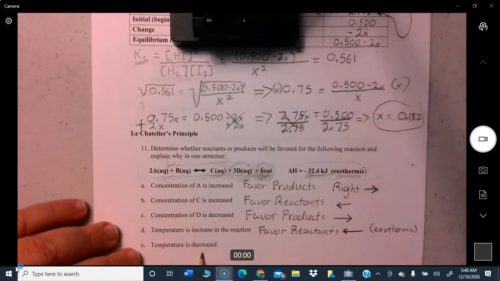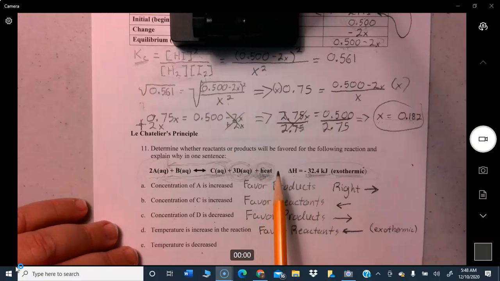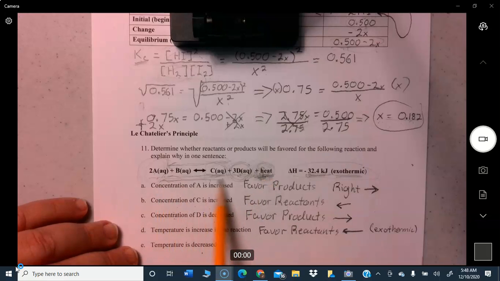So temperature is decreased. Now you turn the room really cold. This wants to give off heat. It's much easier to give off heat into a cold room. It's much easier for that heat to escape because there's a bigger temperature difference in favor of the heat leaving this hot reaction into a cold room. So if you make the room colder, it's going to be easier for the heat to escape, so the reaction is going to move to the right. So that's going to favor products.